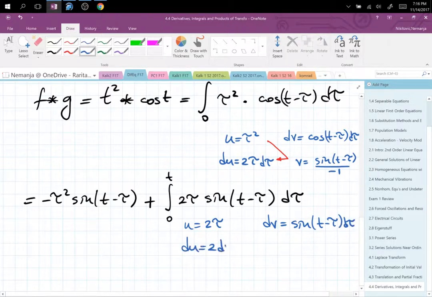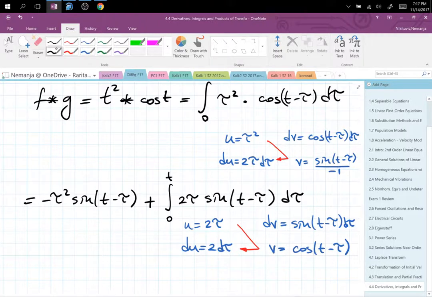u equals, I can kick 2 outside, 2 tau, and dv is equal to sine of t minus tau d tau. du is 2 d tau when you differentiate, and over here you integrate to get negative cosine, but remember it will be divided by -1, so it's just cosine of t minus tau. Right? The integral of sine is negative cosine, and you have -1 because it's negative tau, so those two minuses cancel.